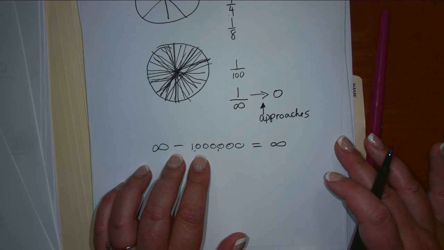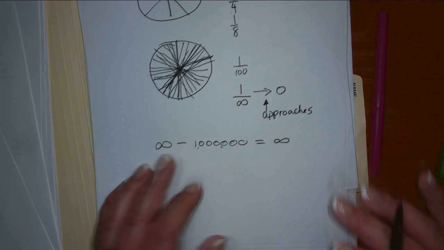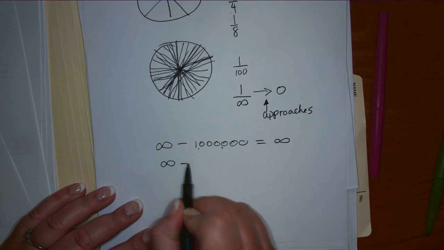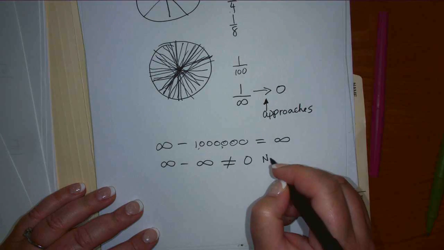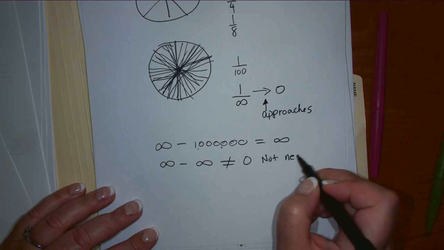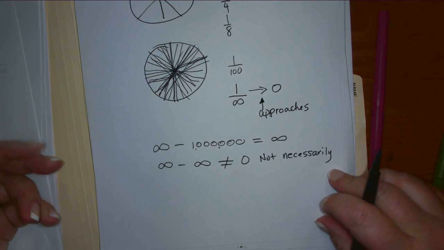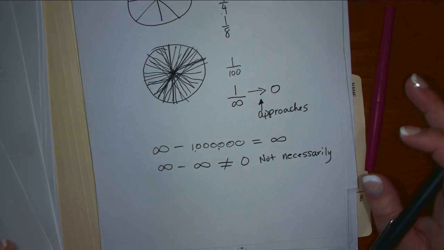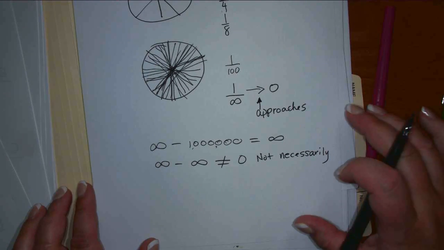Infinity. But that's not equal to 0. Only sometimes. How confusing is that? Not necessarily, it might be equal to 0, might not be. There's actually techniques that you'll learn in calculus to figure that out.